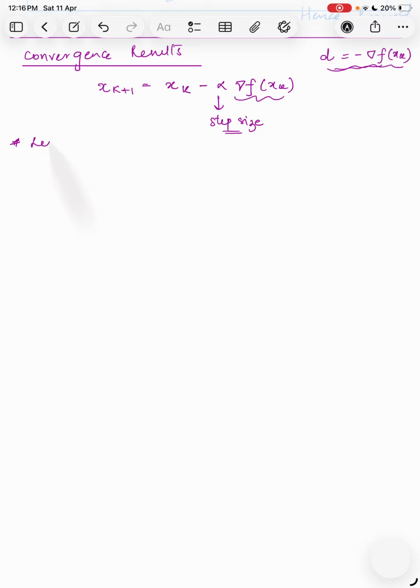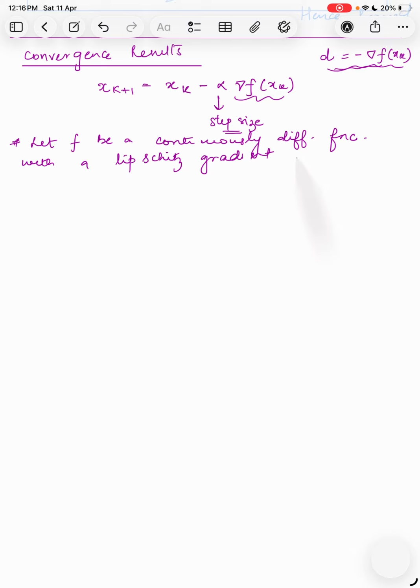So we have, let f be a continuously differentiable function with a Lipschitz gradient with L. So Lipschitz gradient means there exists a parameter L such that the norm of the gradient of f at y minus the gradient of f at x is less than or equal to L times the norm of y minus x, for all y, x.